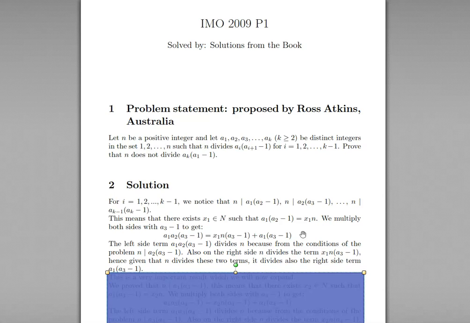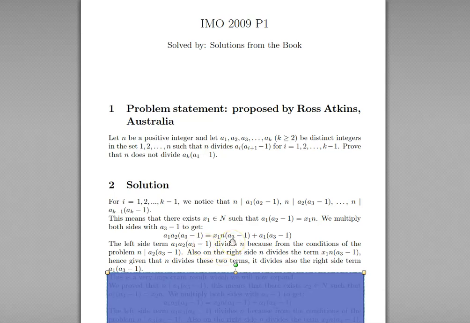We have one term on the left side and two terms on the right side. The left side term, a1 times a2 times (a3 minus 1), is divisible by n, because from the condition of the problem, n divides a2 times (a3 minus 1), which is a part of this expression.